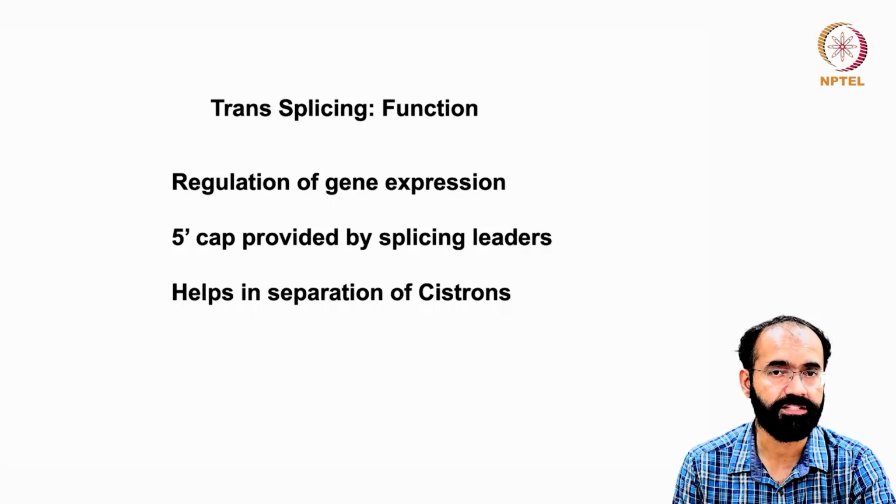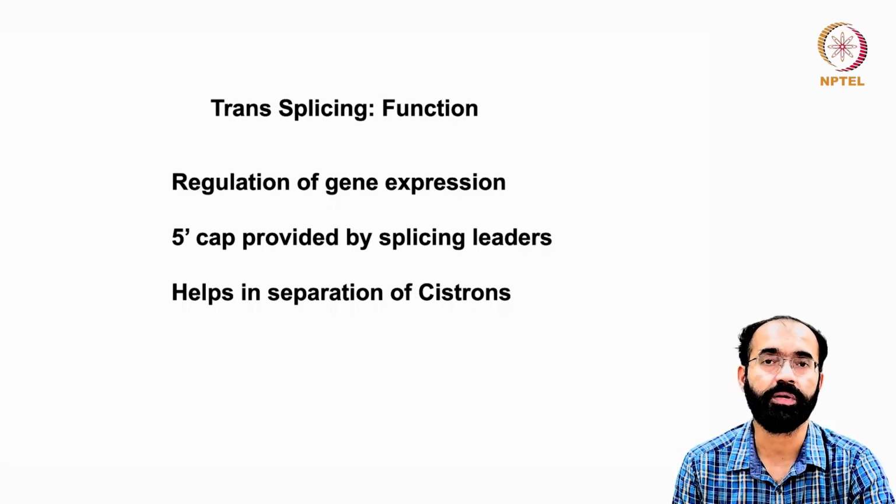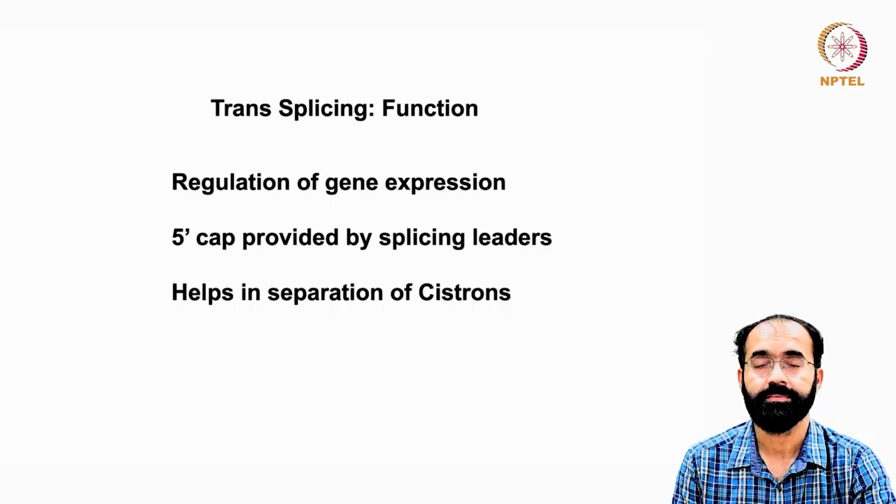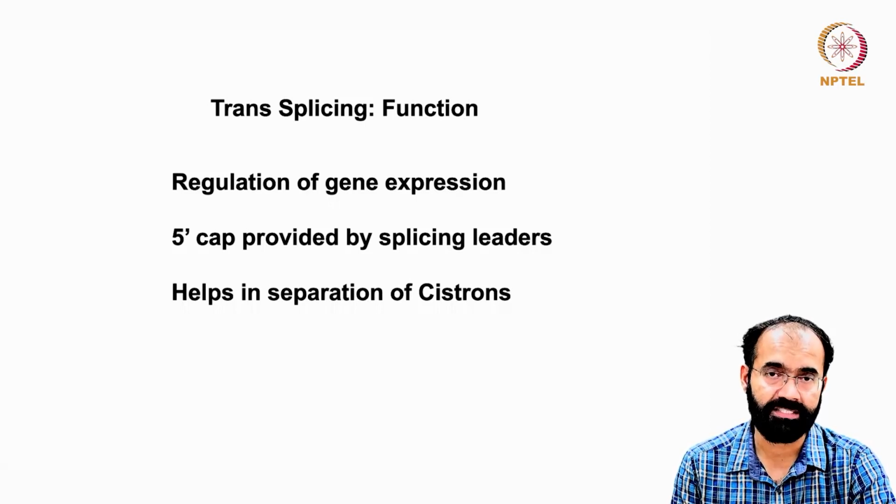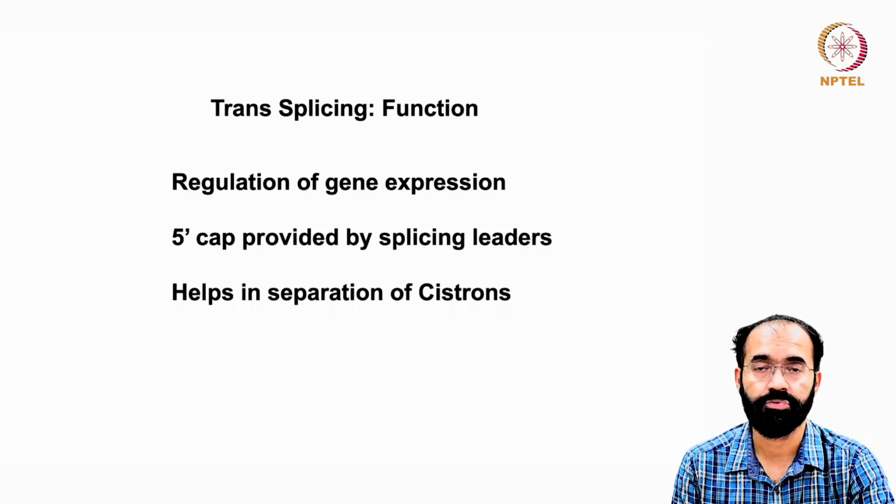Like we discussed in an earlier class, prokaryotic genes are polycistronic, whereas eukaryotic genes are monocistronic. Polycistronic basically means one large RNA can contain multiple genes located with a gap in between. So gene A, gene B, gene C can be present in one huge mRNA.